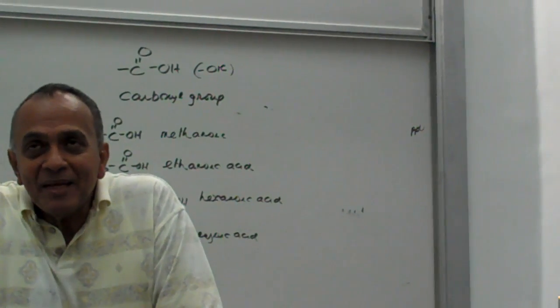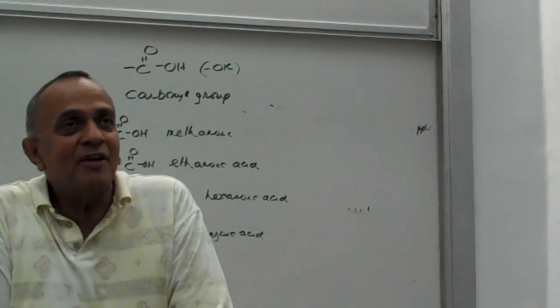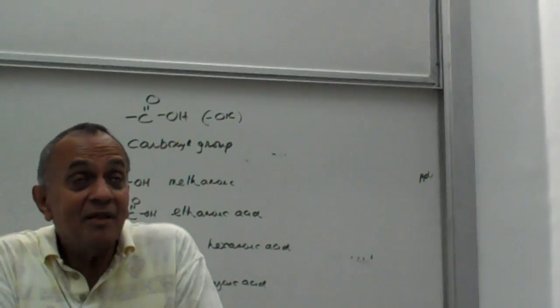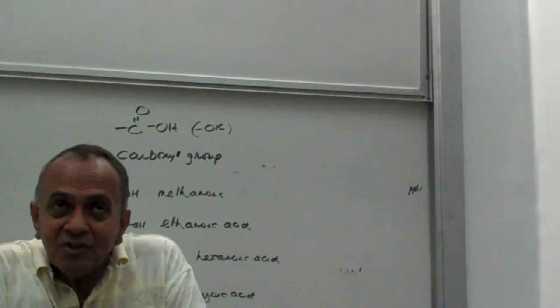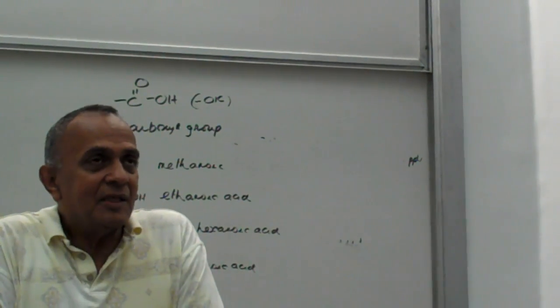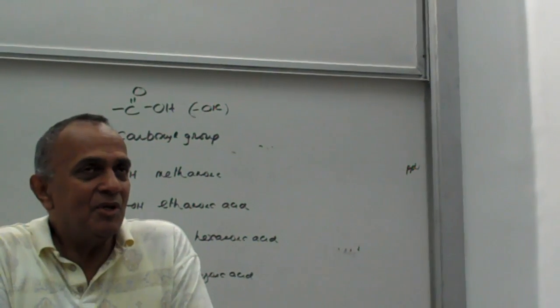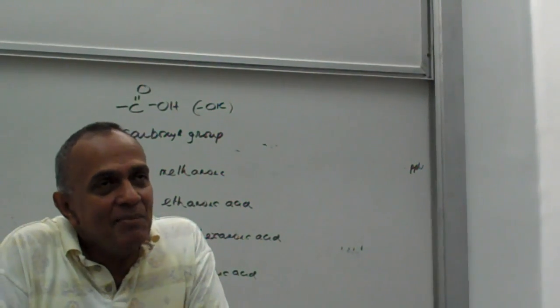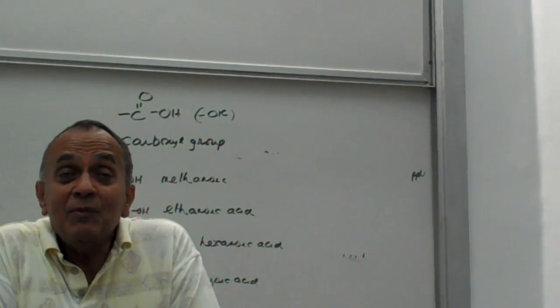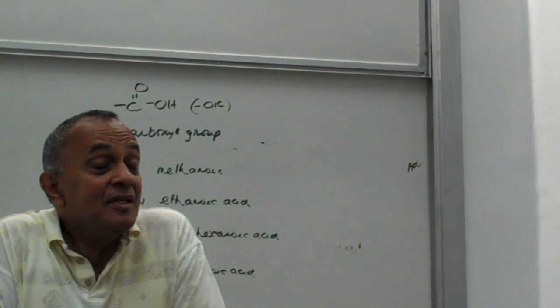But the group name, the suffix will be different. So as you move from one group to another, the functional group changes. And it's a functional group that characterizes these organic molecules and divide them into different groups. An alkene, we know, must have a C double bond C.